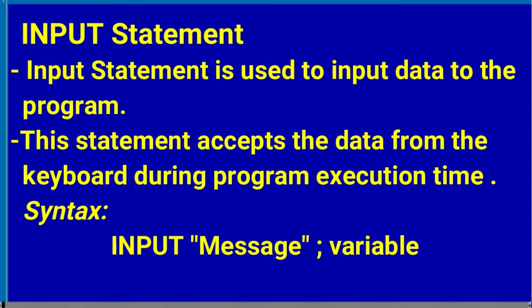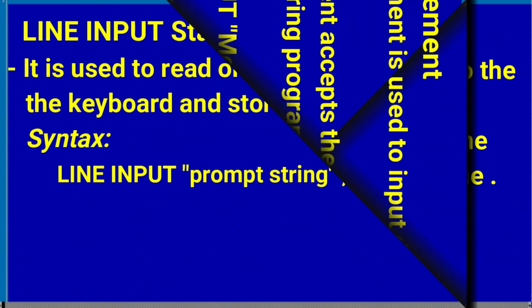But we will not take that data ourselves. We just borrow that data from the users by using the input statement, and that input statement is executed during program execution time. And the syntax of the input statement is input, and within double quotation marks we have to write any message, and after that a semicolon, and then we have to put the variable.